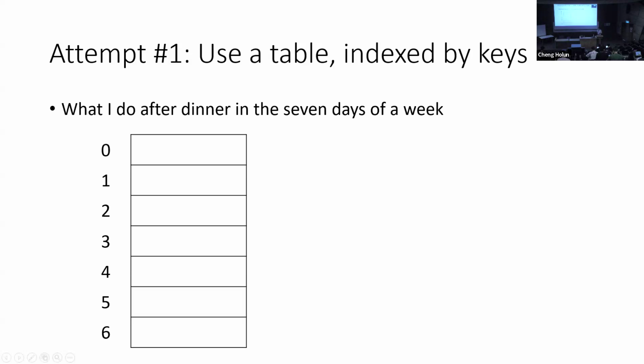I can simply model every weekday by a number, right? Sunday is 0, Monday is 1, and so on. And what I want to emphasize is that 0 to 7 is called a universal key set. What does that mean? This is all the possible keys you can have.